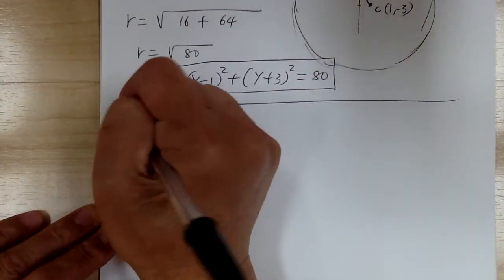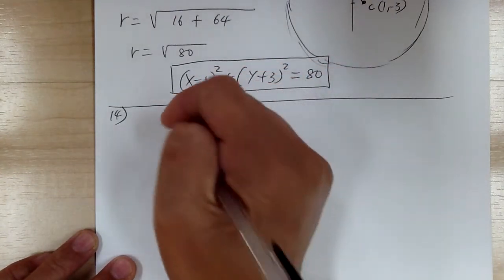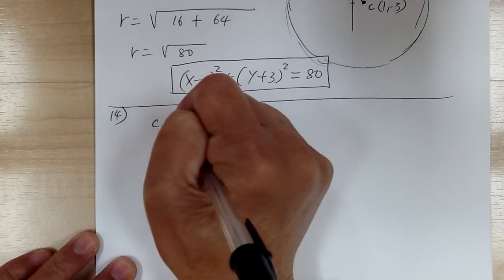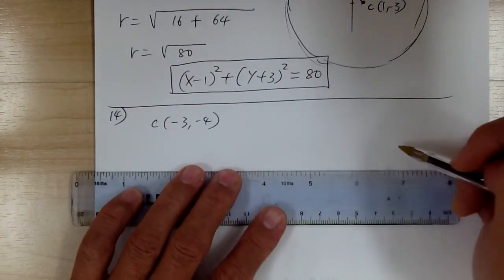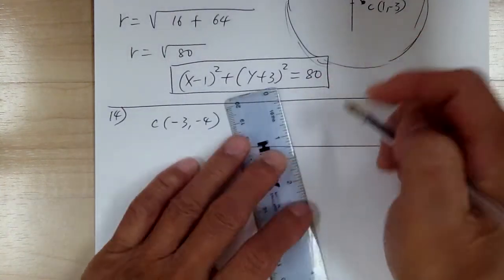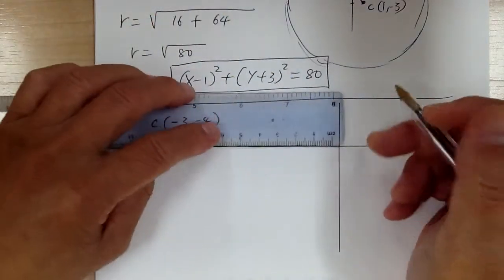Okay, let's go to number 14. The circle is tangent to the x-axis, and the center is at -3, -4. Okay, so let's go and work it out.